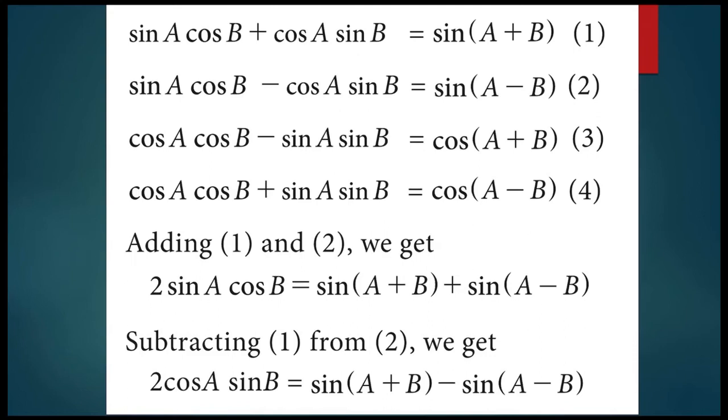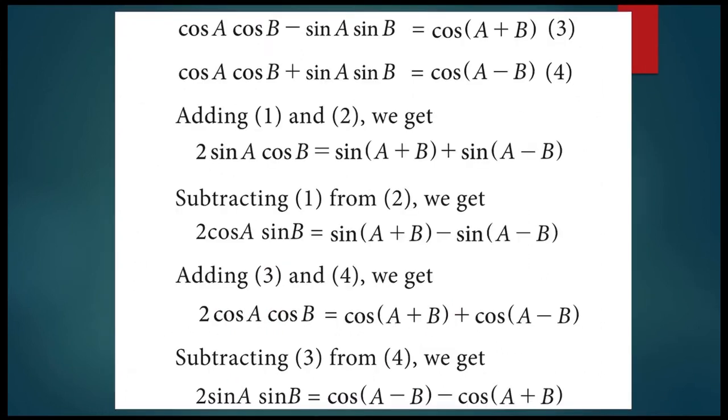While adding 1 and 2, you get one formula; while subtracting 1 from 2, we get another formula. Here the product is transformed into a sum, and here the product is transformed into a difference.